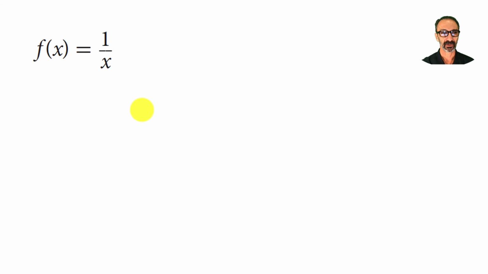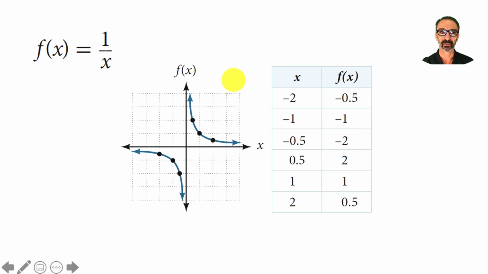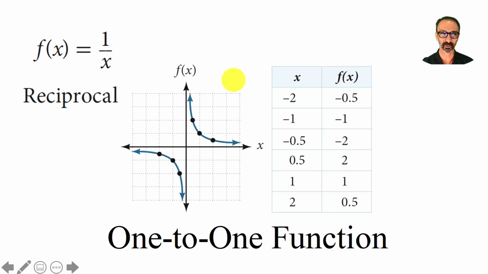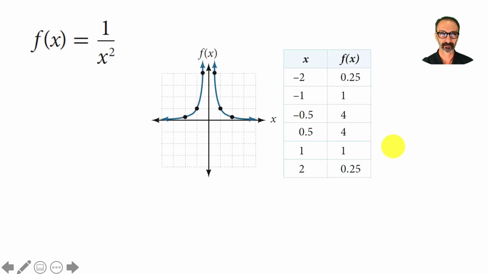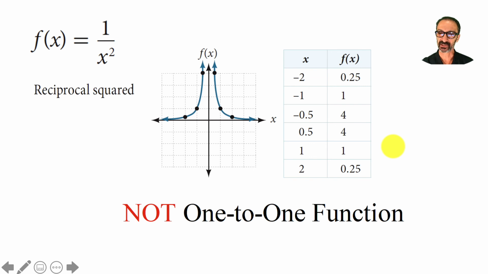Sticking to the slides right here, here are more examples of one-to-one functions and functions that do have an inverse. 1 over x is called the reciprocal, and it is a one-to-one function. As you can see, I could invert it. One over x to the second is not one-to-one.